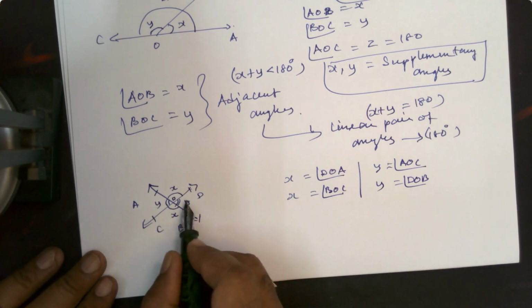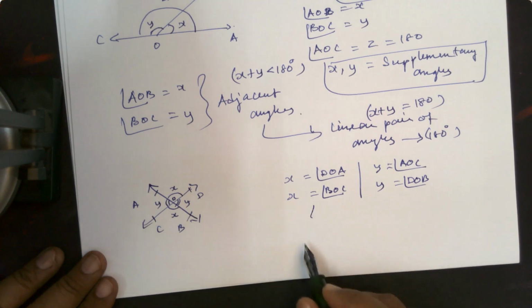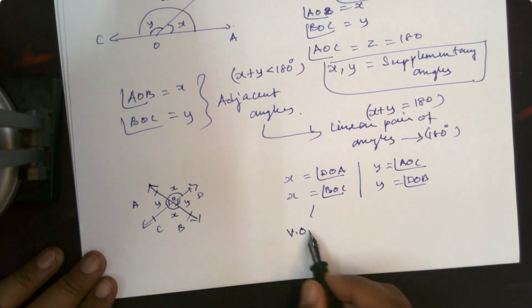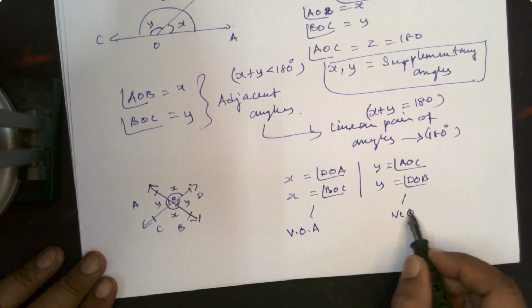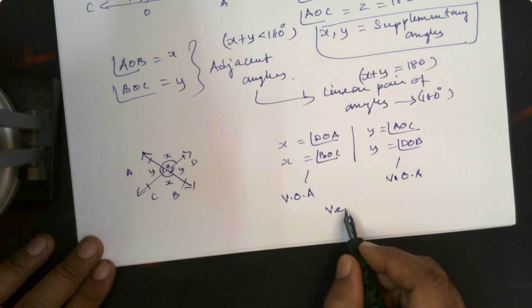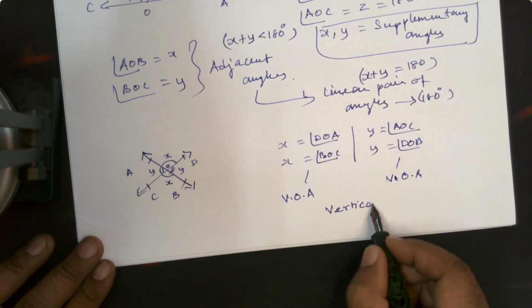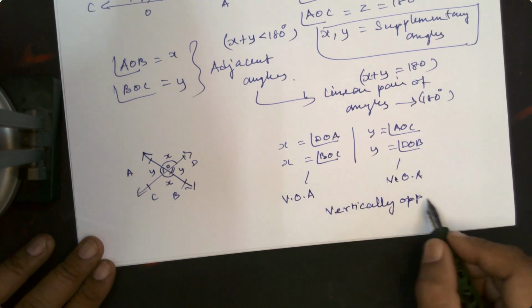Y and Y. These two are vertically opposite angles. So what do you mean by VOA? Vertically opposite angles are equal.